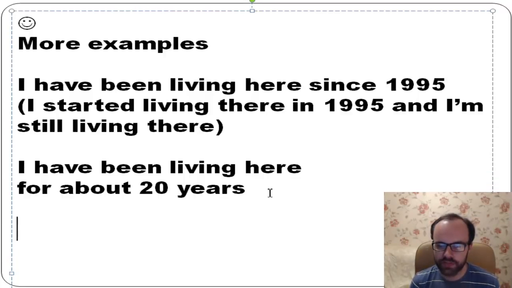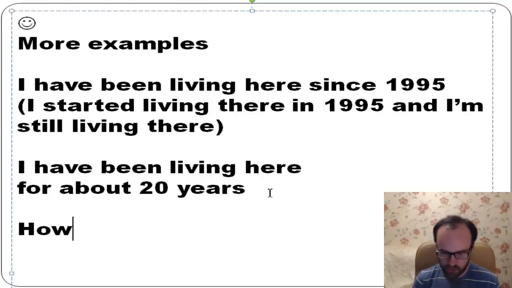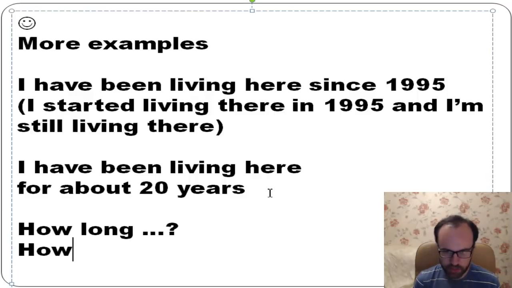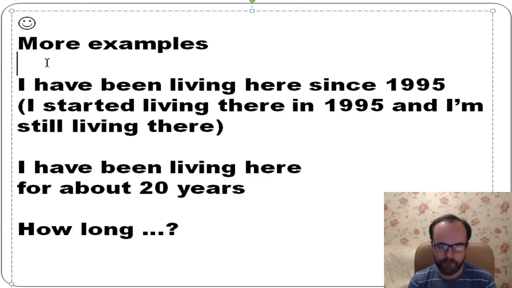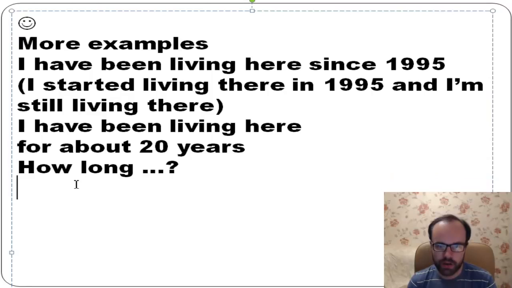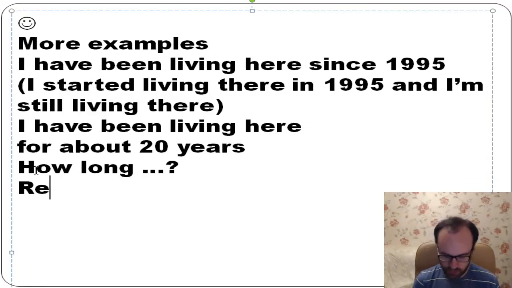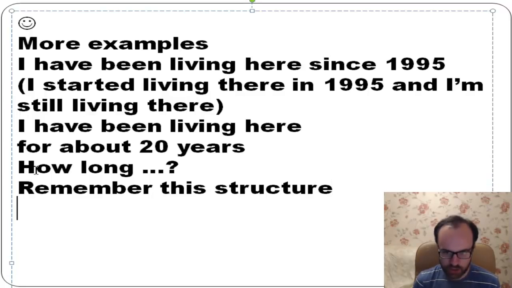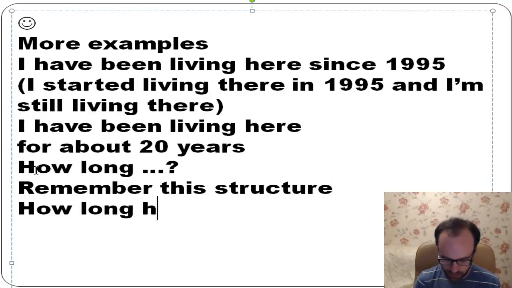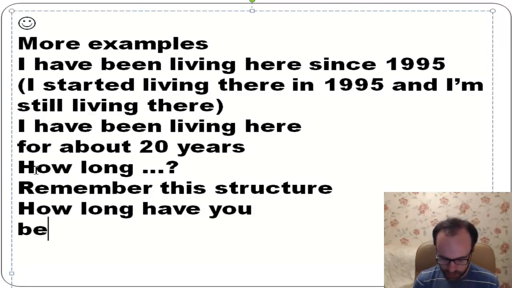And we use present perfect continuous with "how long." So please remember this structure: how long have you been doing something?